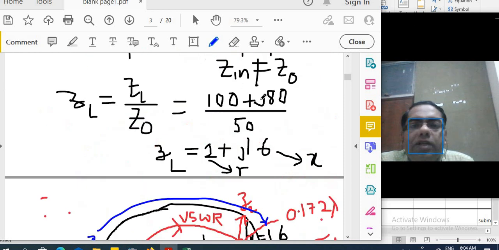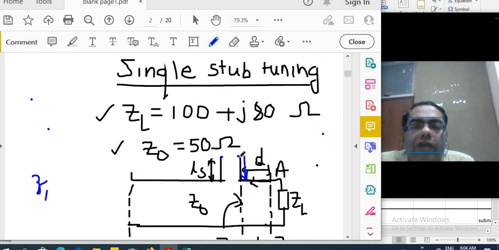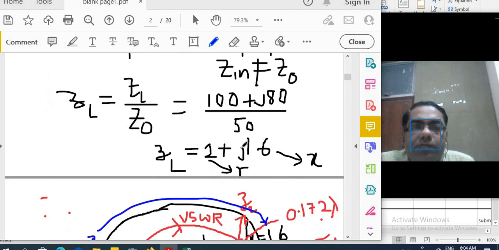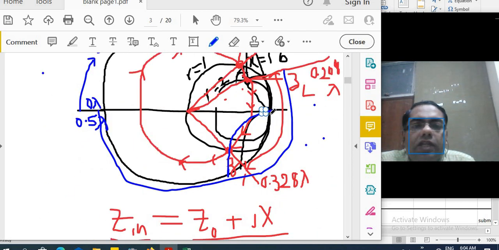So for this open circuit, I have to travel from the infinite impedance point, and this point at the extreme right indicates z equal to infinite.